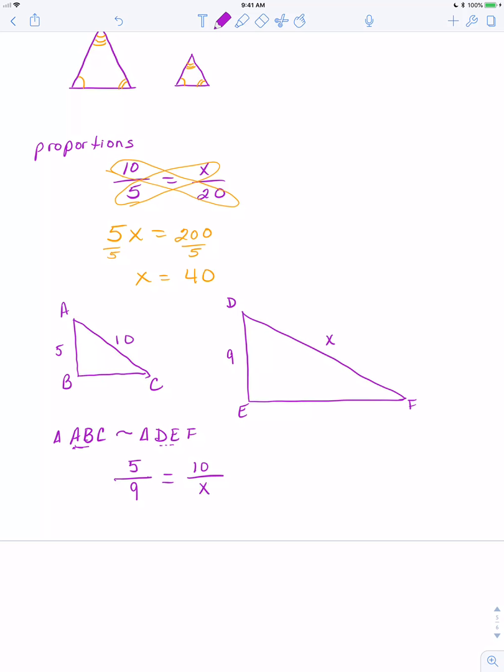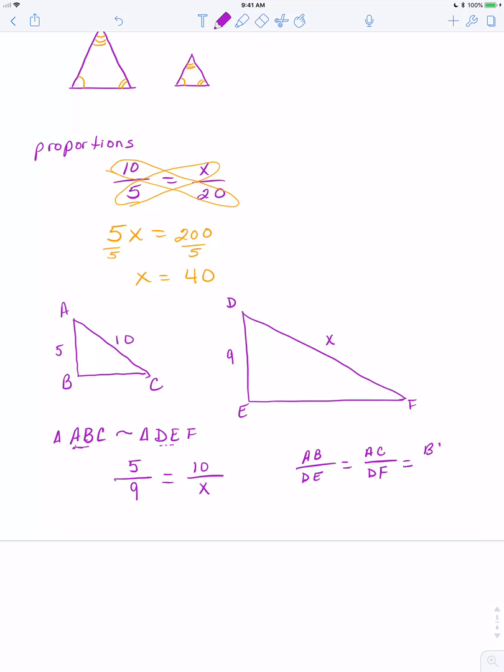We can set up all these different proportions. In this case, AB is to DE, which is similar to AC over DF. Can you name the last one then that should be?